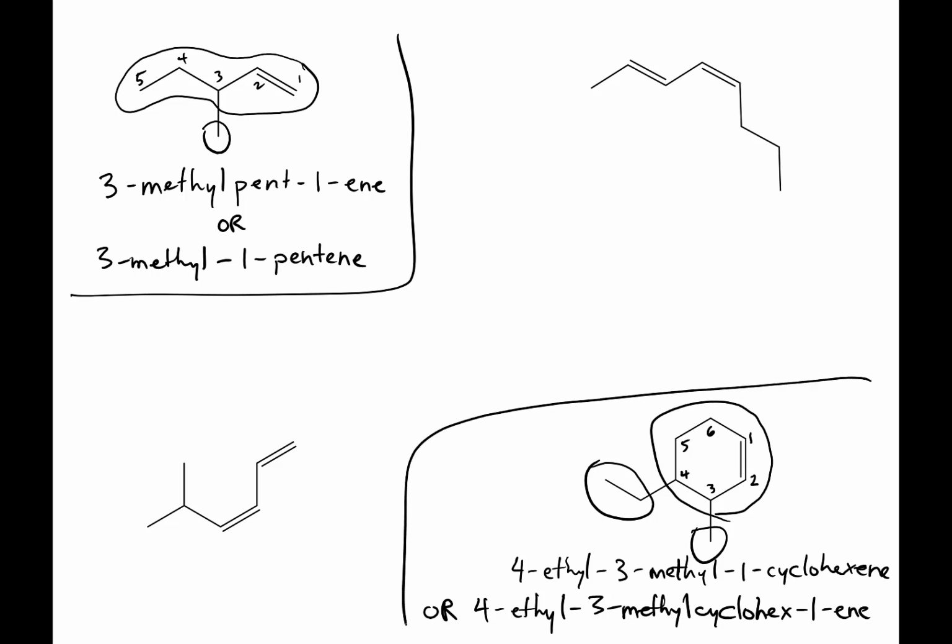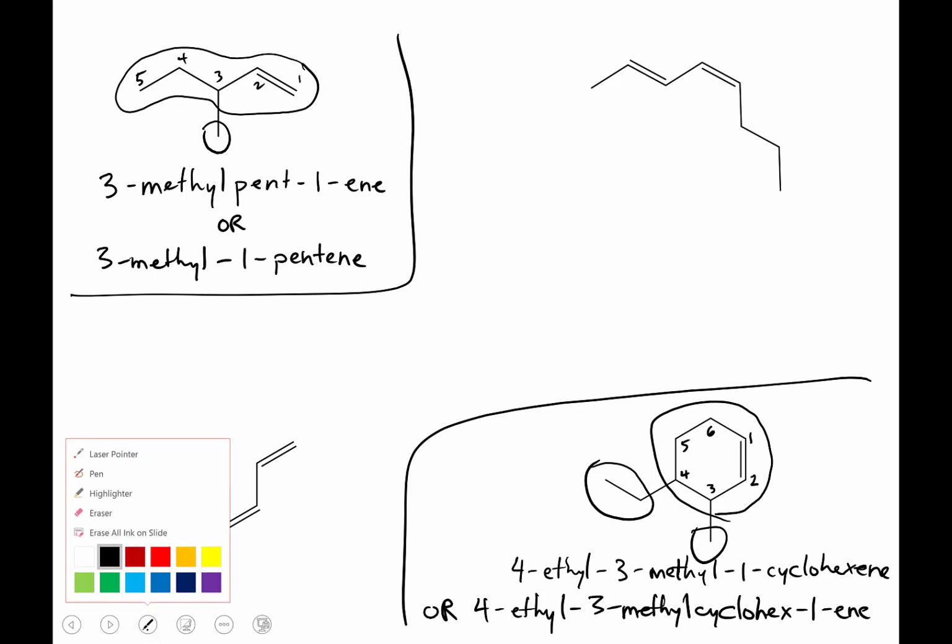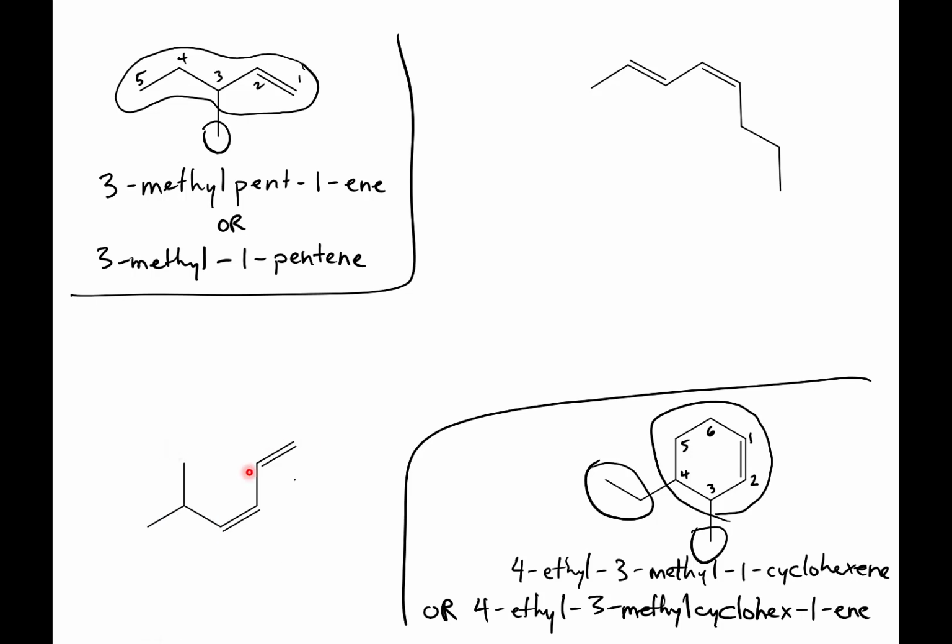All right, so now we encounter a situation. This is just a wrinkle, a little extra thing that we often encounter. I'm going to go to the bottom left one here. First of all, we've got two alkene functional groups. That's different.